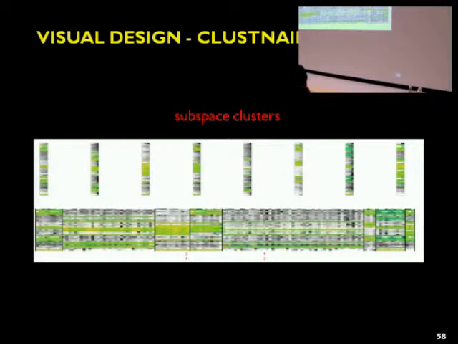As you can see, we use these heavy black lines to separate clusters. So here we have 1, 2, 3, 4, 5, 6, 7, 8 clusters, and each row is a dimension, each column is an object. This already gives us some brief impression of which dimensions are selected for each cluster and the values in each dimension.